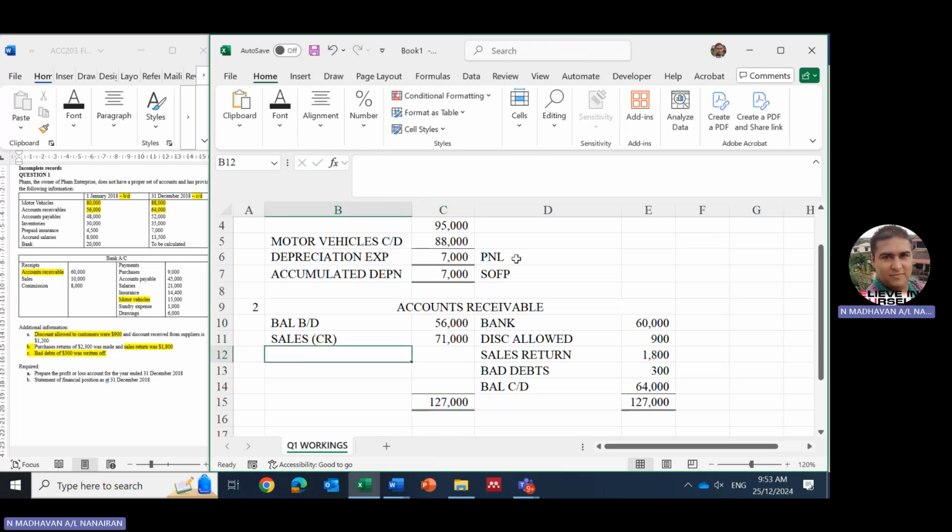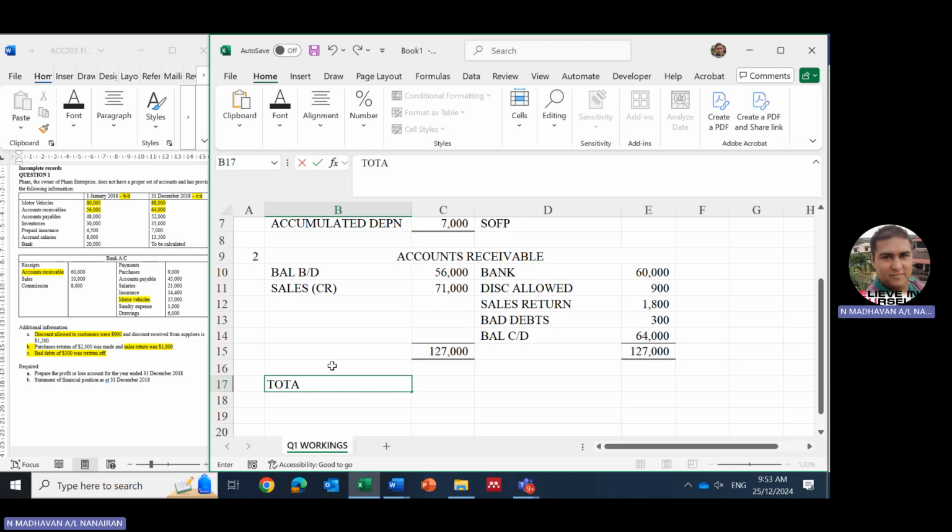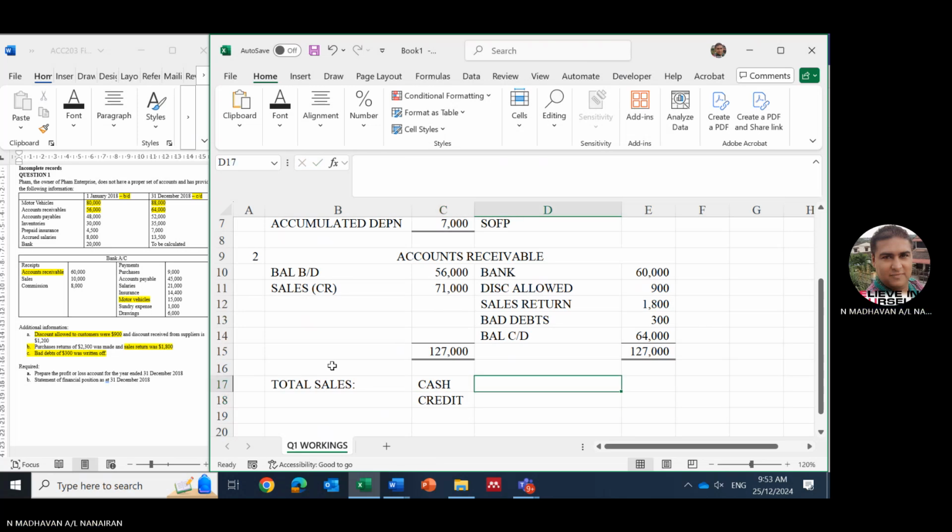No. So total sales will be cash plus credit. Cash how much? 10,000. Credit how much? 71.